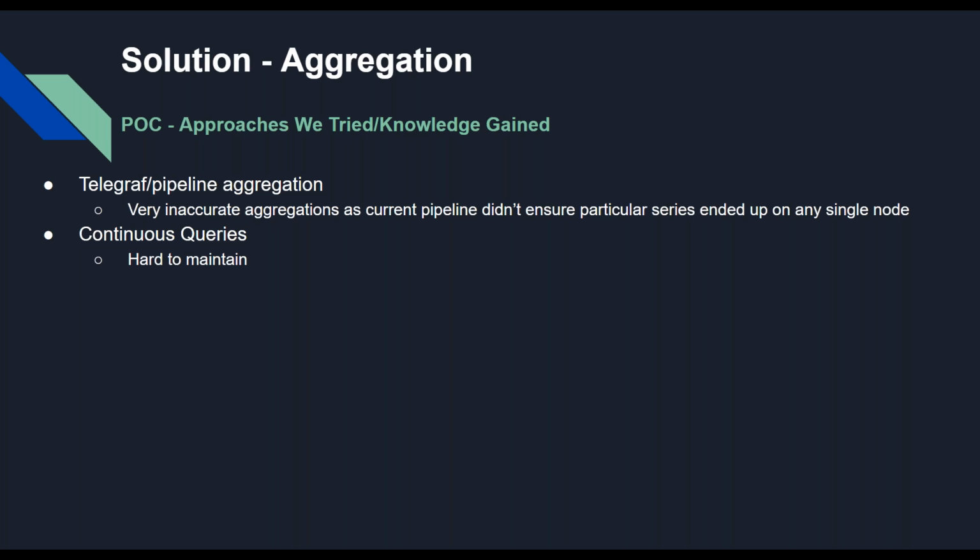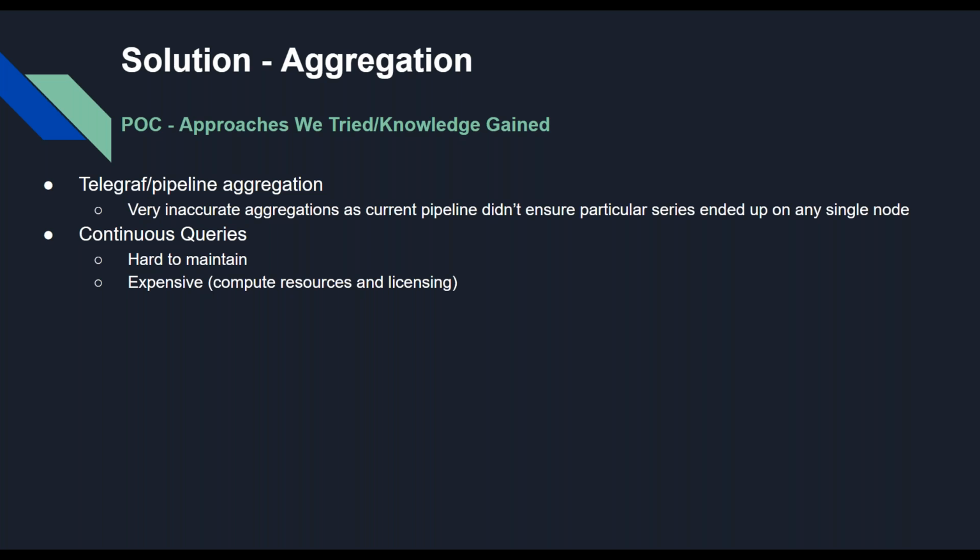For us, this was something that was going to be hard to maintain, because of the number of measurements we have in our clusters and the fact that those measurements are created by a lot of developers who are spinning them up on the fly as they need to, as they create new services. It was going to be very hard to keep the continuous queries up to date with all of the measurements within our databases. And within Influx, you'd have to have the measurement specified within the continuous query. So we knew it would be hard to maintain.